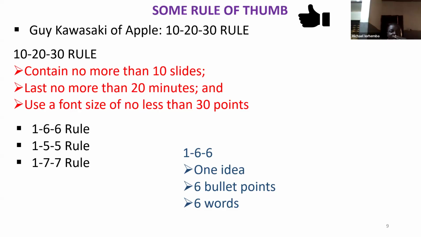But the most interesting one is the 166 rule, or 155 rule, or 177 rule, depending on how you want to have it. The 166 rule, for example: one idea, 6 bullet points, and 6 words. On this slide, this is how many bullet points we have: the first one, the 10-20-30 rule, then 1, 2, 3, 4, 5 and 6, because the rules here are considered bullet points.